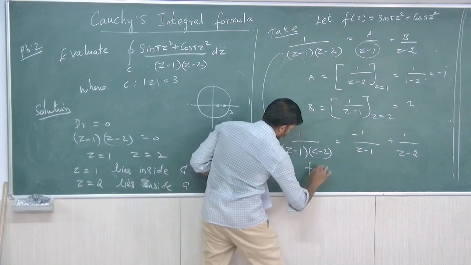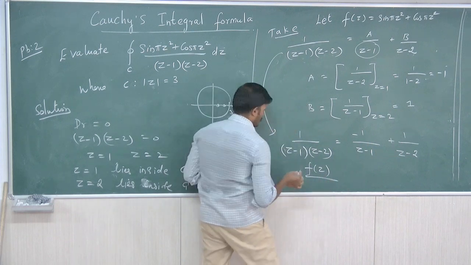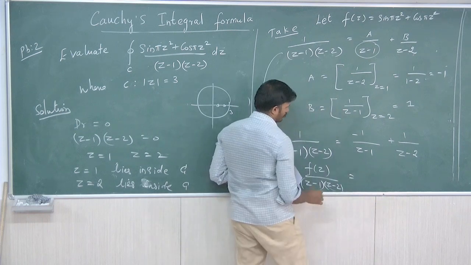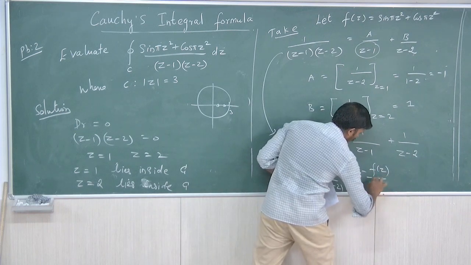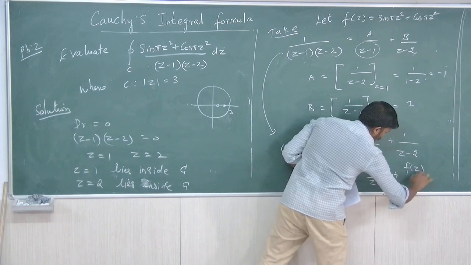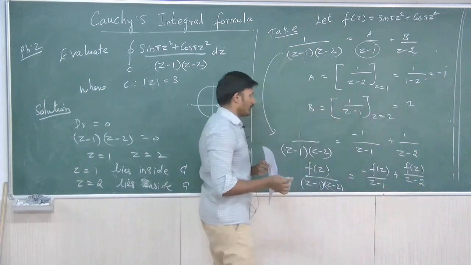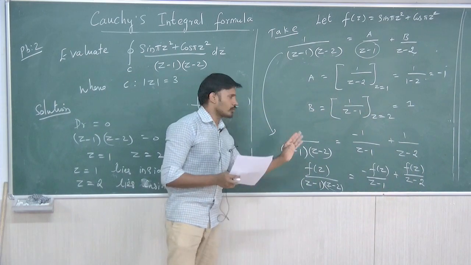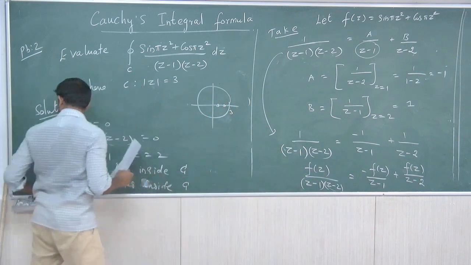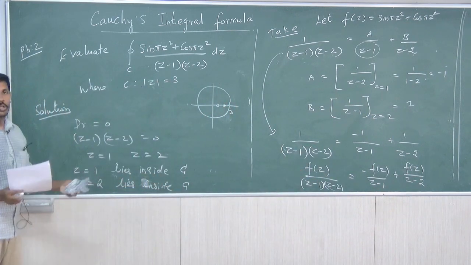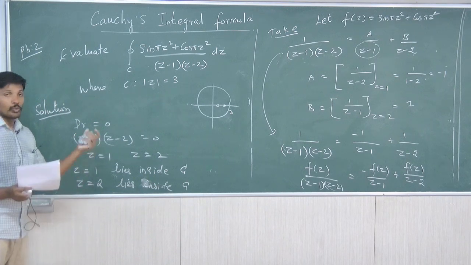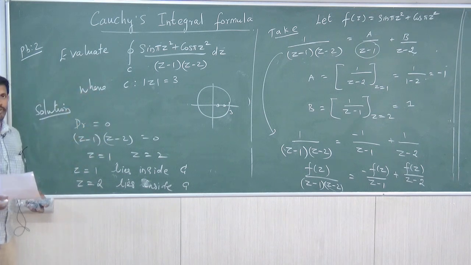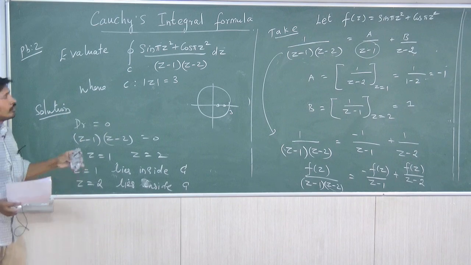From that I may get f of z by (z minus 1)(z minus 2) equal to minus f of z by z minus 1 plus f of z by z minus 2, right? Now I am going to include the integration with respect to z on both sides. From that you may get a sum of two integrals which have a unique factor. From that you can definitely apply Cauchy's integral formula in each case uniquely.